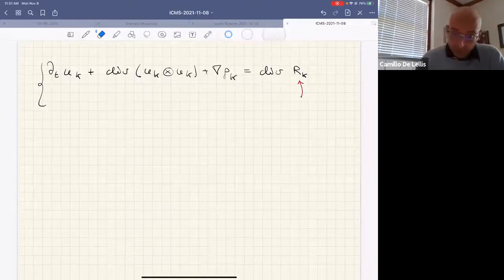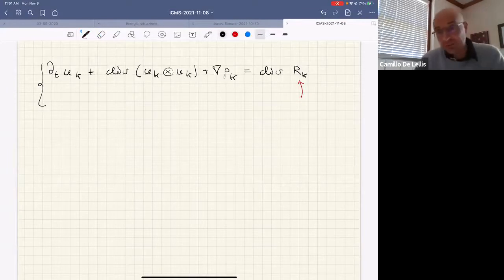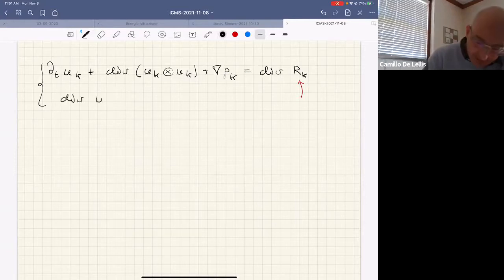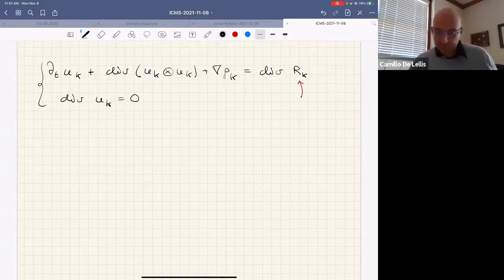Now I want to introduce a similar error in being a solution of the Euler equation, and I'm introducing this error in that divergence form. And then I have my divergence of u_k equal to 0 over here. Okay, very well. So now what do I want to achieve?